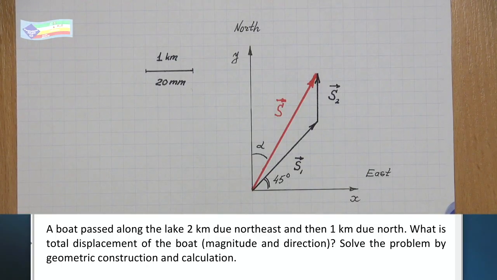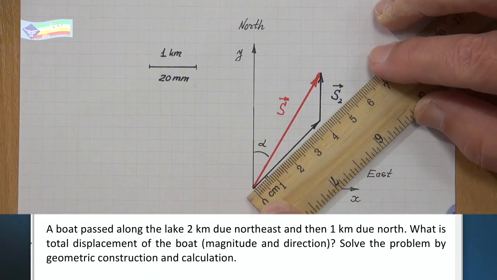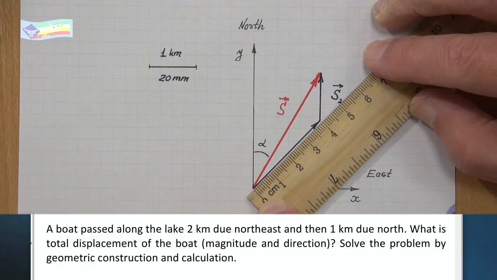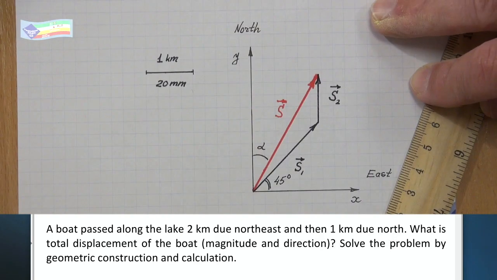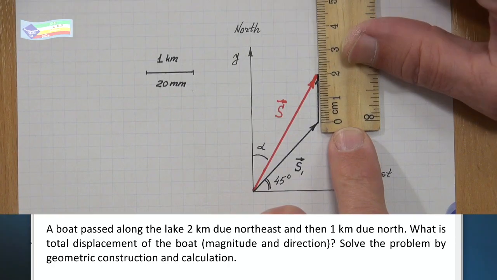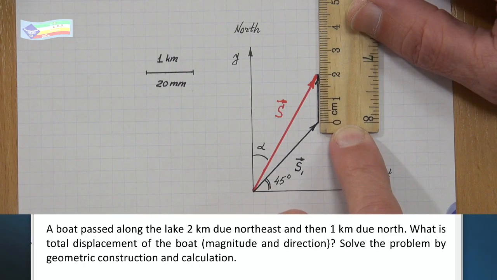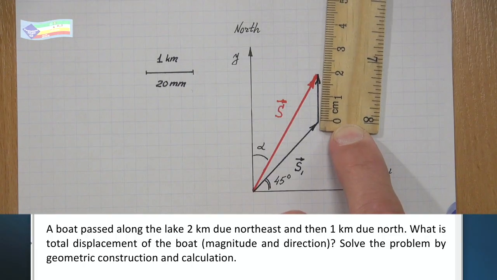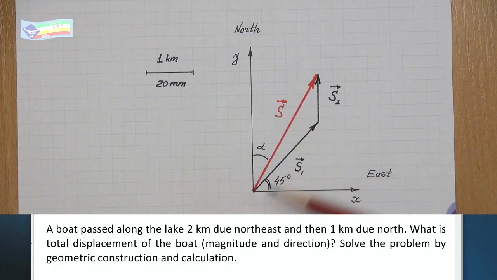S1 vector is 2 kilometers, and according to the scale chosen, 4 centimeters or 40 millimeters, due northeast at an angle of 45 degrees to the east. S2 vector, 1 kilometer, corresponds to 20 millimeters on the picture, and the resultant displacement is in red.